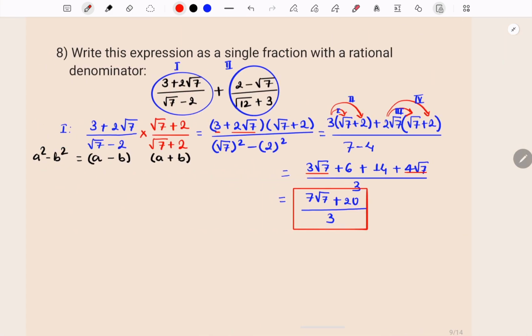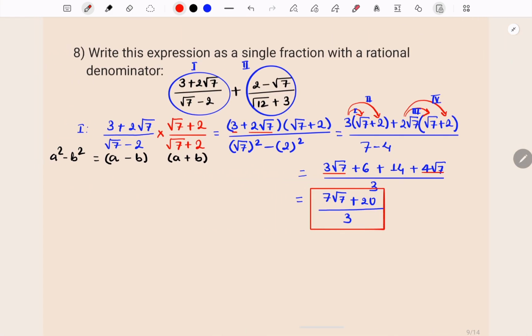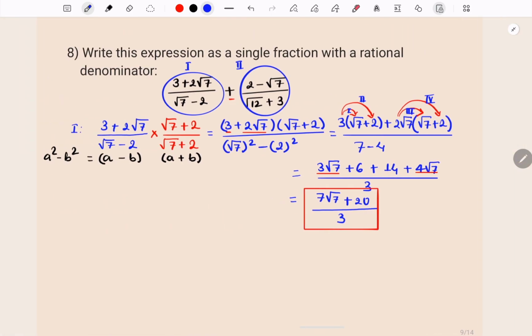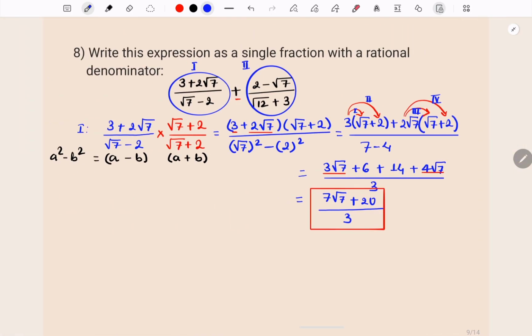Okay, now if we go back to the original question, look carefully that here we need to add the two fractions, first and the second. So to find the final answer, we actually need to add 1 plus 2, that is the first fraction added to the second fraction. Okay, so the first fraction was 7 root 7 plus 20 over 3, right?